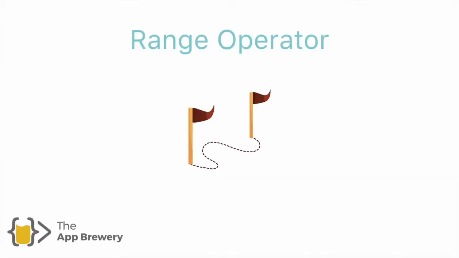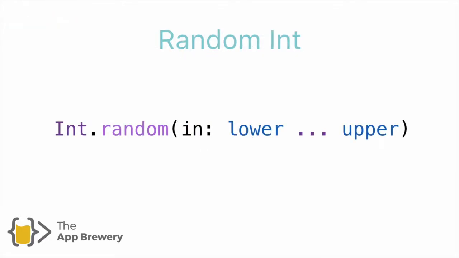Now, just now you saw me use a closed range, and that refers to something called a range operator in Swift. For example, the 3 dots that we used would be known as a closed range operator, where the range is inclusive of the upper bound. But Swift also has a half open range operator, and this is done by using 2 dots and a less than sign.